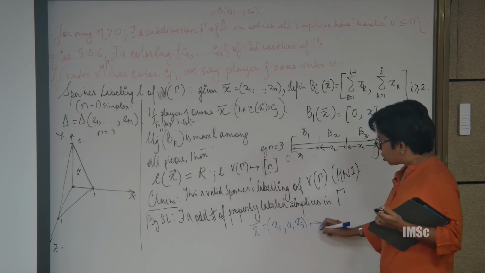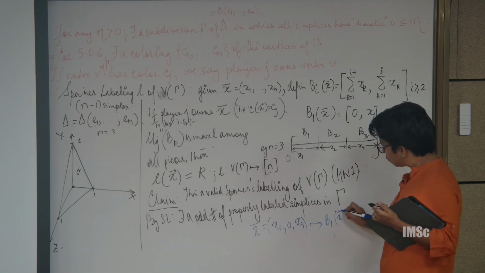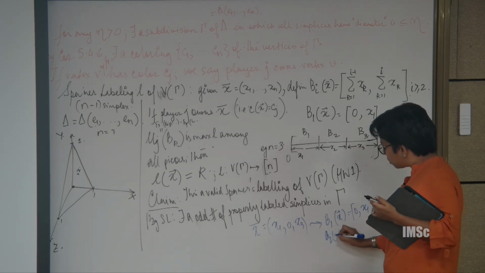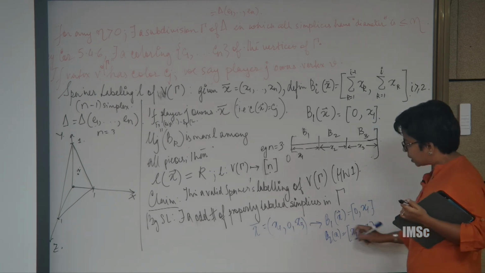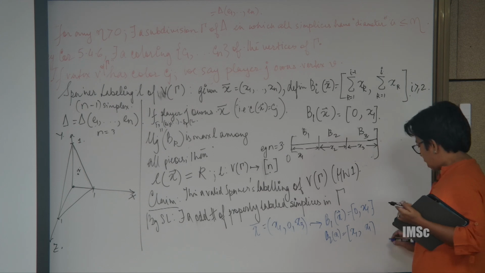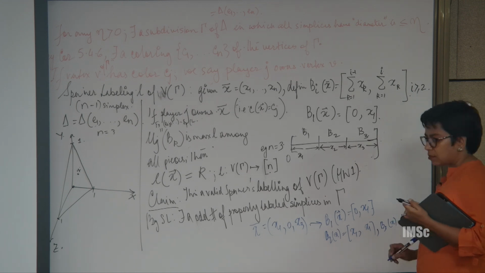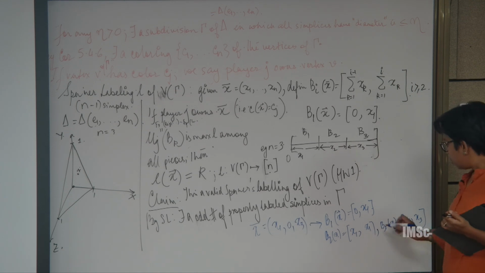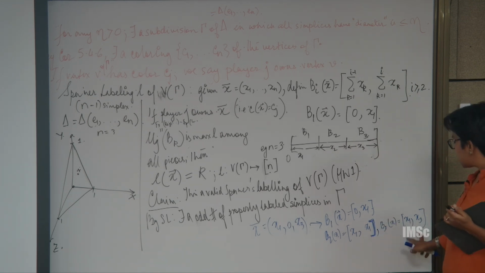Such a point has b0 equal to 0, b1 equal to x1, b2 of this point would be x1 again, because x2 is 0, right. b3 of x would be x1 plus x3, correct, because x2 is 0. So, now tell me this thing.